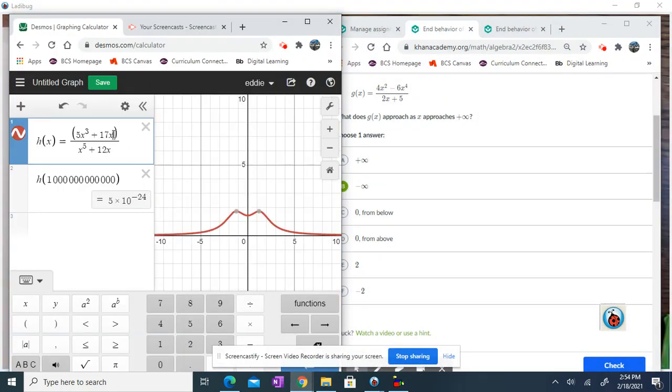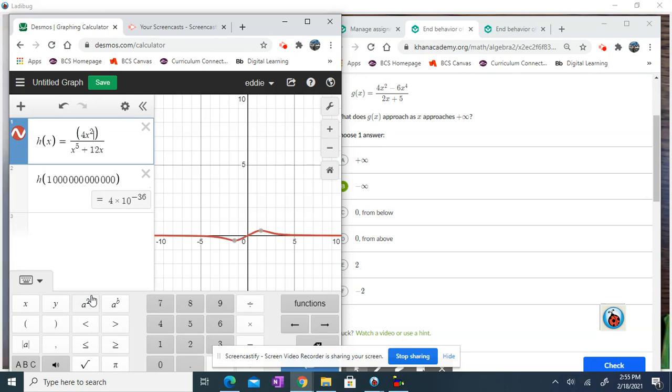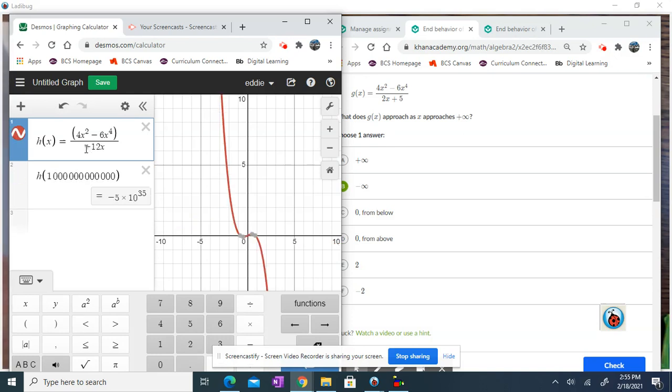All right, so I'm going to change this to 4x squared minus 6x raised to the fourth over x plus 5.